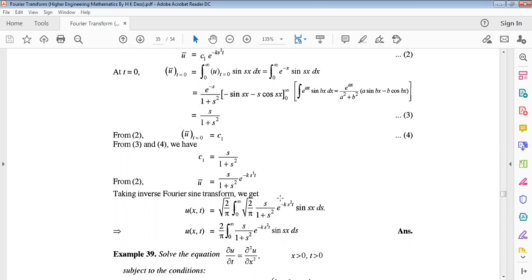But if we take the inverse of the Fourier transform, then u(x,t) will be this constant for the inverse Fourier transform, 2 by pi, integral from 0 to infinity, and this is the Fourier transform of u, then sin sx ds. This is the Fourier transform of the function u. Actually you must know about the inverse Fourier transform.